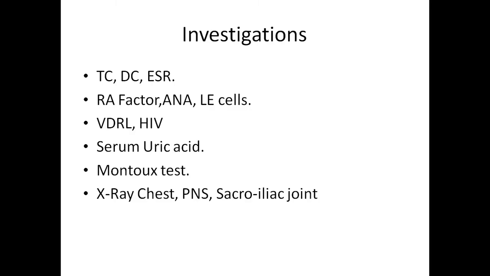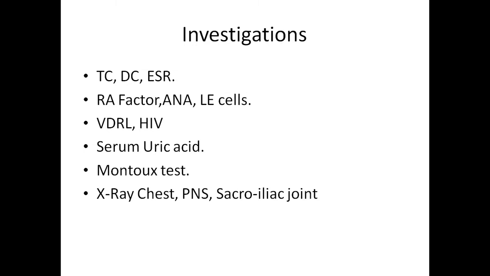In scleritis and episcleritis, you are supposed to do detailed investigations, starting from the basic investigations like total WBC count, differential count, ESR, and then rheumatoid factor, ANA, and LE cells you have to look for. And serological investigations like VDRL and HIV you have to rule out.